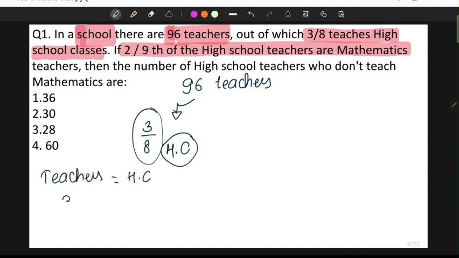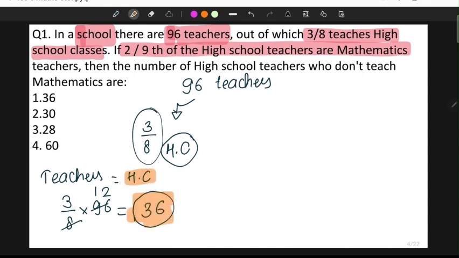We can find it by 3/8 of 96. This will give me 12 3s are 36. So the total number of teachers teaching the high school classes is 36. Now look at the second statement carefully.